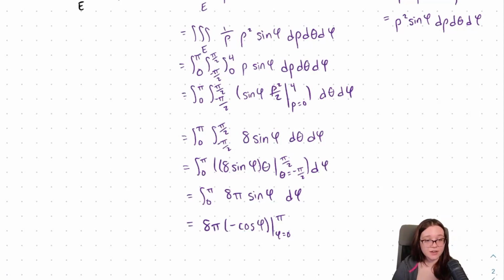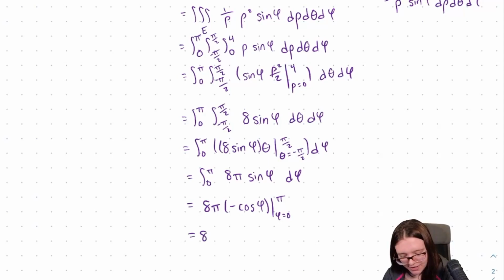The cosine of 0 is 1, and the cosine of pi is negative 1. So negative 1 is positive 1, minus negative 1 is plus 1. So I just get 8 pi times 2, which is 16 pi. And that is the whole problem.